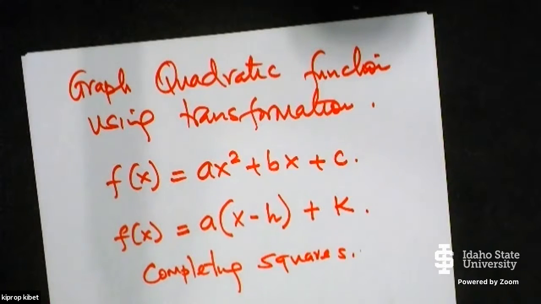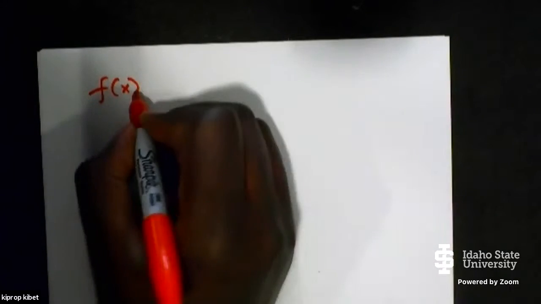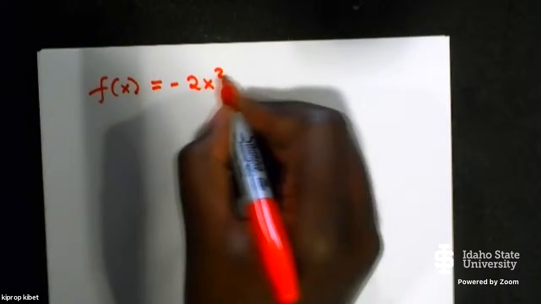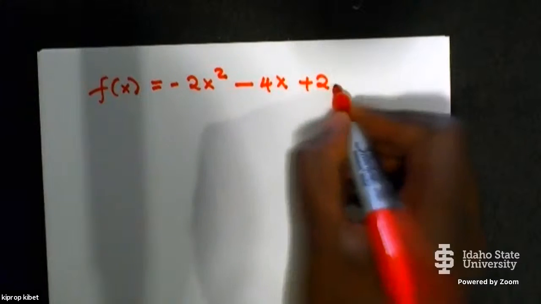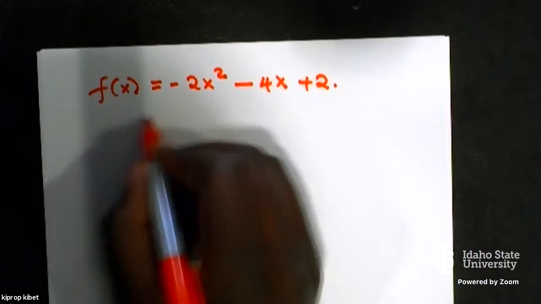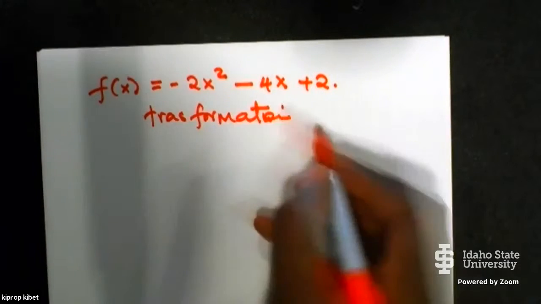The next example is example number 2. Graph the function f of x equals minus 2x squared minus 4x plus 2 by using transformation.